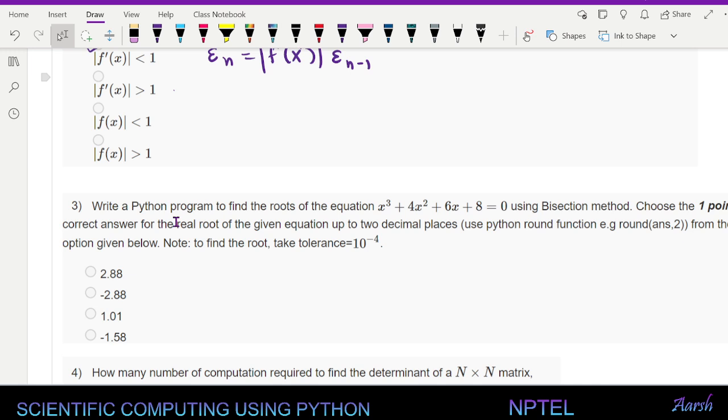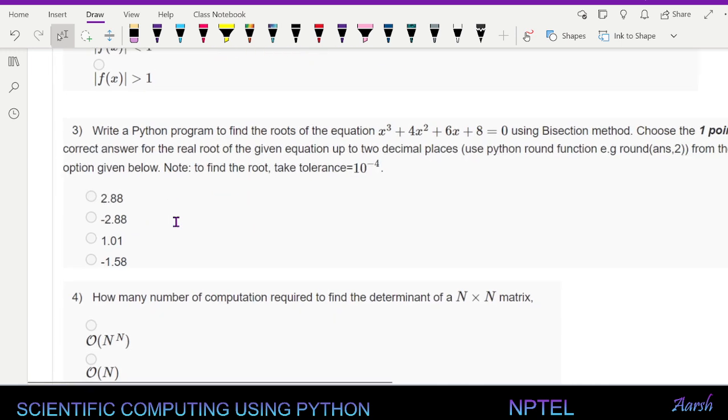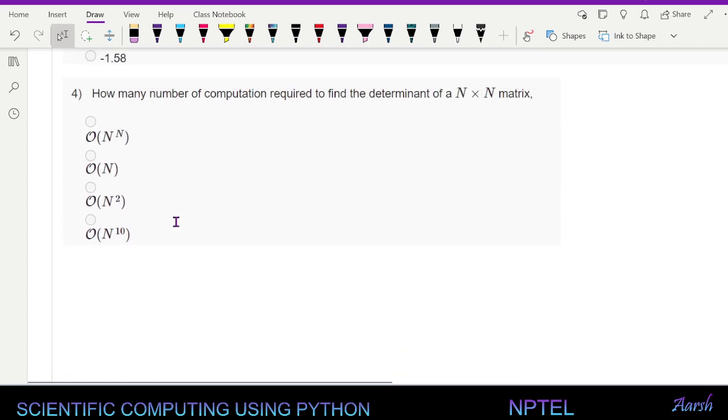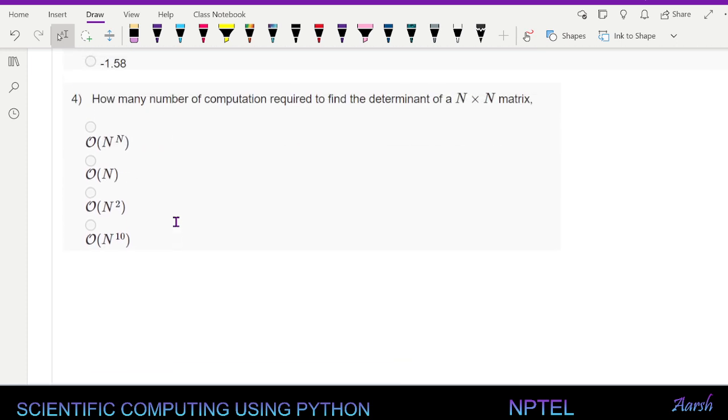Yeah, okay, so the third question is a programming question, which we'll do later. The fourth one: how many computations are required to find the determinant of an n cross n matrix? So there are some questions on matrices and linear algebra. I don't know, it was not discussed.